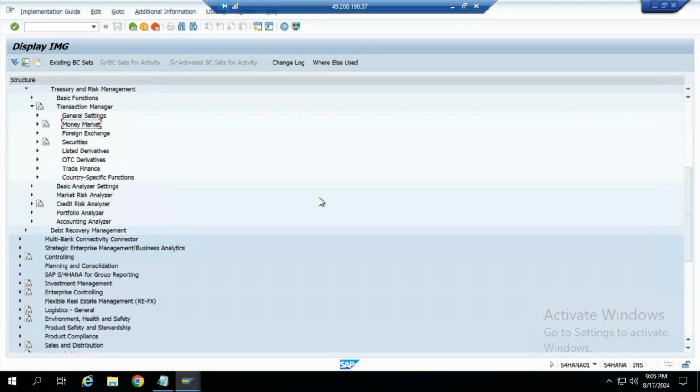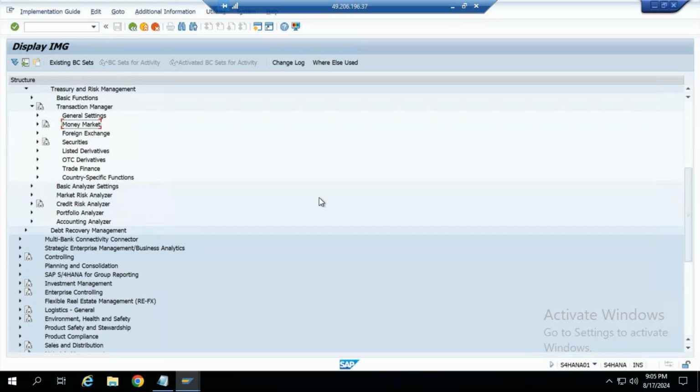My suggestion would be that after learning treasury, if you also upgrade to the SAP FICO module, that would be of great help for you. But as I said, you can learn it because we are doing it from scratch. Okay, cool. Yeah, continue.